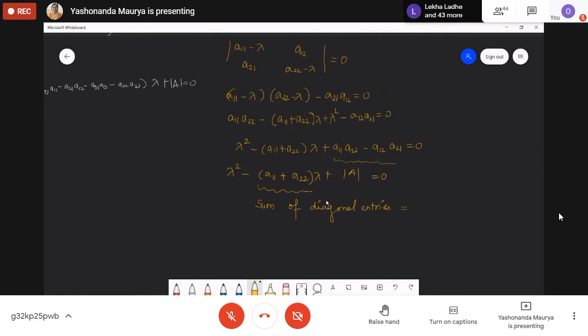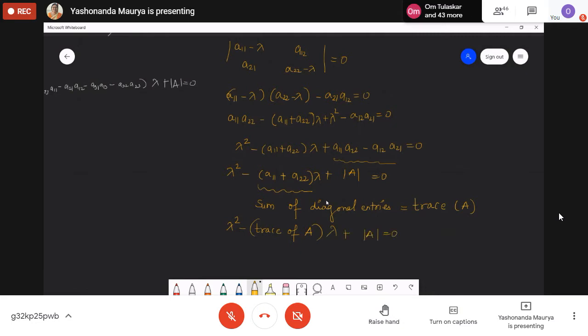It is called the trace of A. When we add the entries on the diagonal, the sum we obtain is called the trace of the matrix A. So here we have lambda square minus trace of A times lambda plus determinant of A.